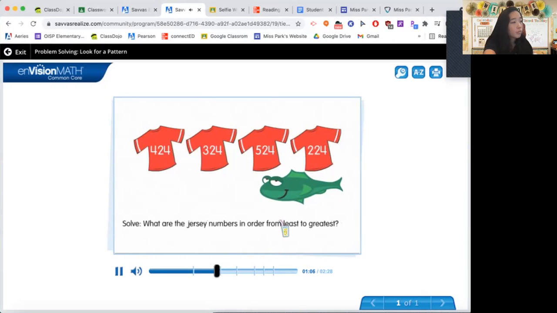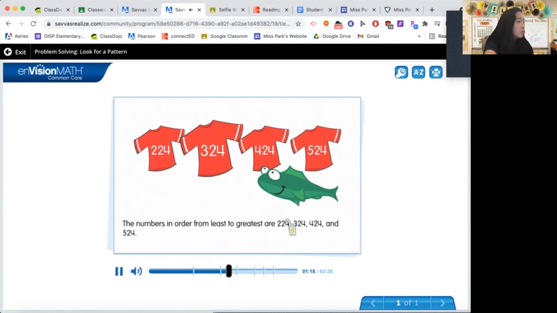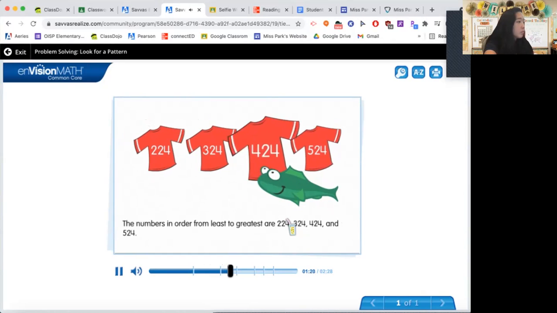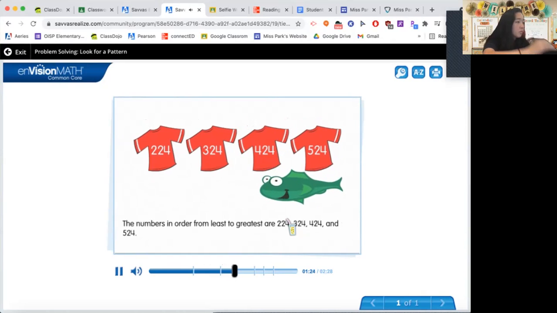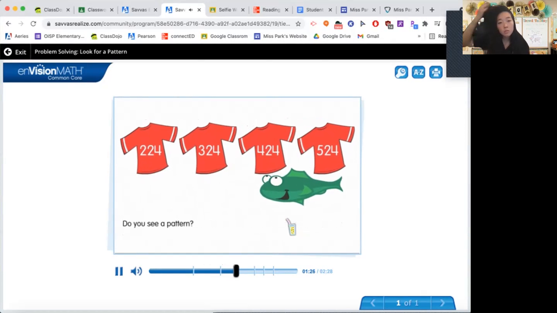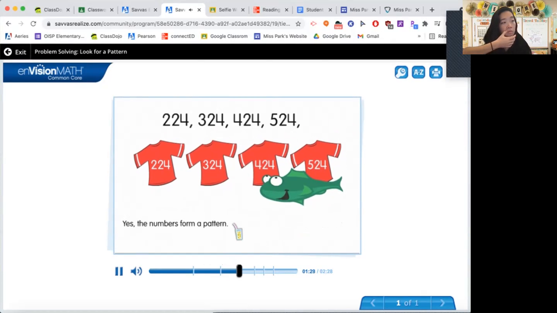Solve. What are the jersey numbers in order from least to greatest? The numbers in order from least to greatest are 224, 324, 424, and 524. Do you see a pattern? Yes, the numbers form a pattern.